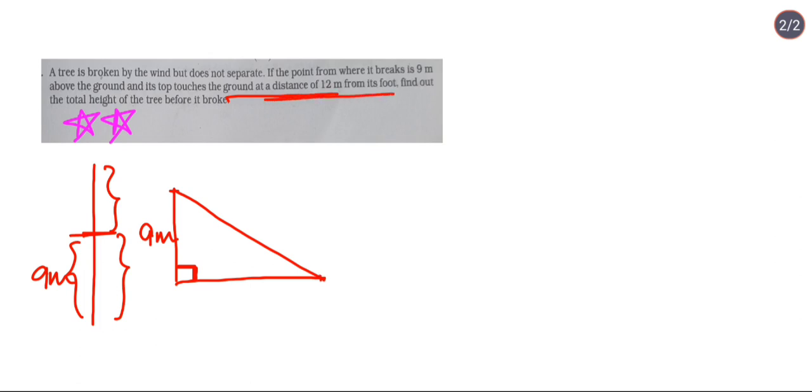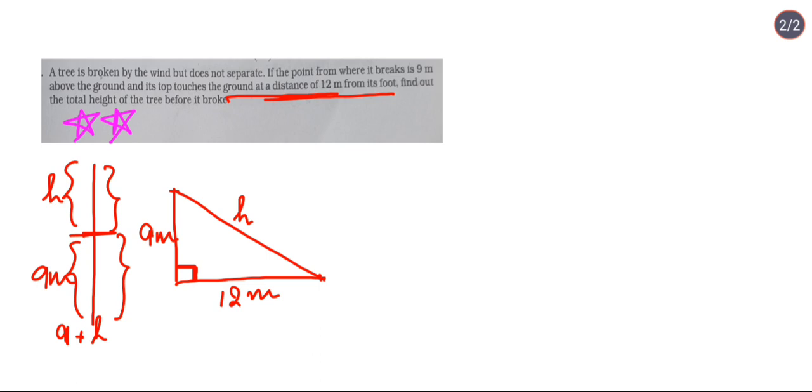Now we have to find the total height of the tree. Let us consider the broken part as h. The total height of the tree will be 9 plus h. And according to the figure, students, we can clearly see this is the h part of the tree.